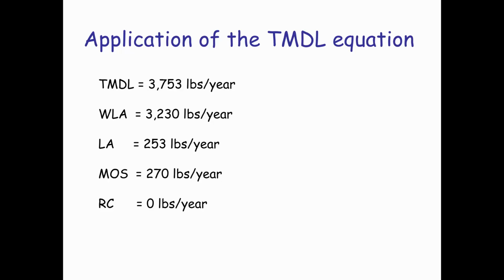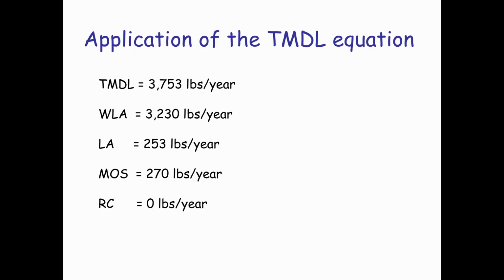And the reserve capacity, as I mentioned earlier, because the watershed has very little room for any further development, was set to 0. Okay, so the MOS was 270 pounds per year. That's the value that, if you incorporated it into the analysis, would give you the more restrictive water quality standard of 38 microgram per liter that I had already mentioned.